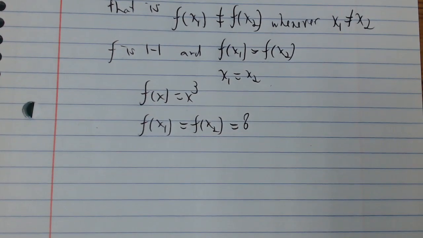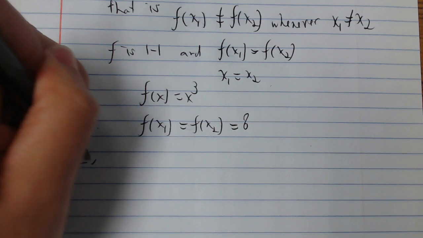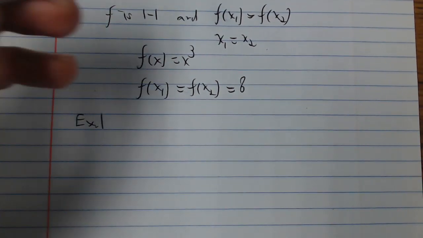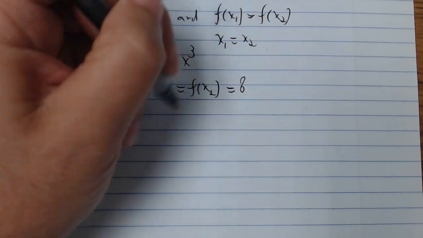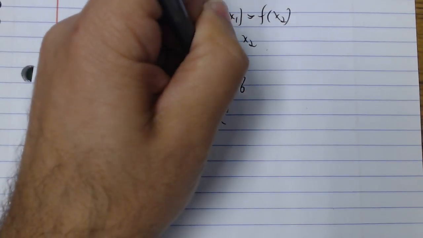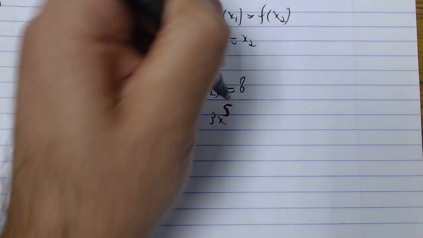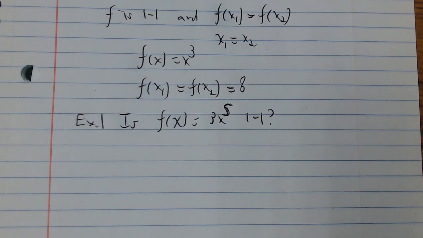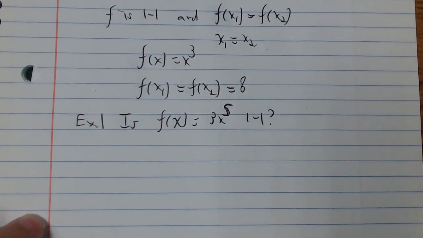So let's look at our first example, and this is actually going to have a quick solution. The question is: is f of x equals 3x to the 5th one-to-one? The solution is a generic way of doing this.